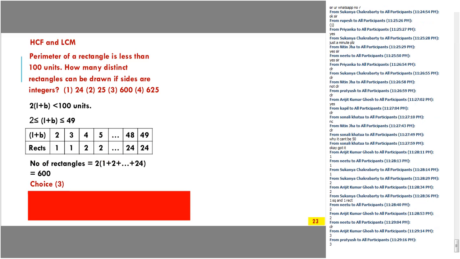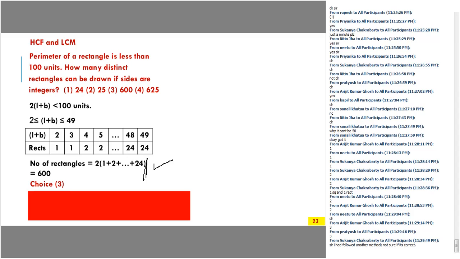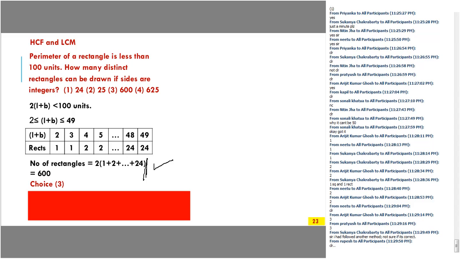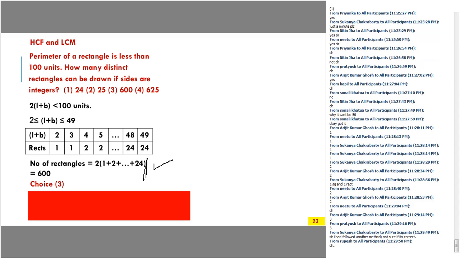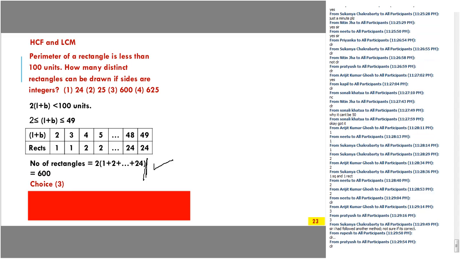The answer is 600. Clear with 600? 1 plus 1 plus 2 plus 2 plus 3 plus 3, up to 24 plus 24. Is everyone clear with this?